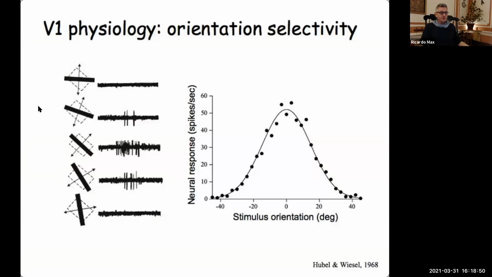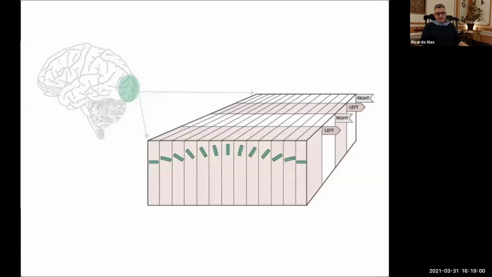This is from the original paper. These are the spikes according to orientation, size, width, etc. And they found out, all in all, that the organization of the cells in our visual cortex follows the spatial organization of their receptive fields.